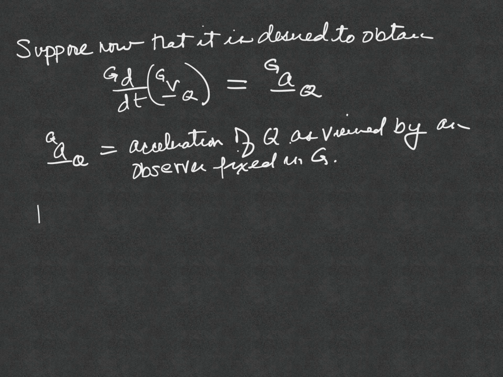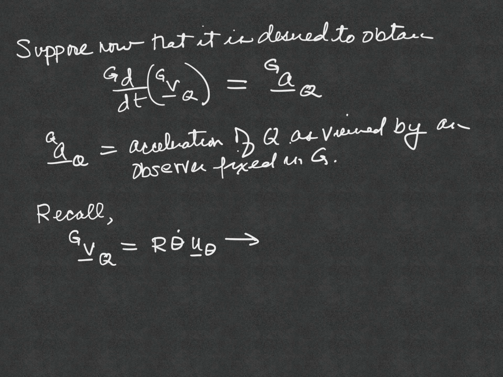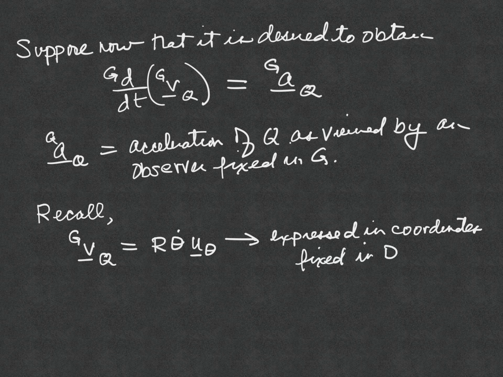But now let's start again with the velocity of point Q as viewed by an observer fixed to the ground. So recall the velocity of point Q in G is equal to r theta dot u theta. Now notice that this is expressed in coordinates fixed in D. But we want the rate of change in the ground of the velocity of point Q as viewed by an observer fixed to the ground.